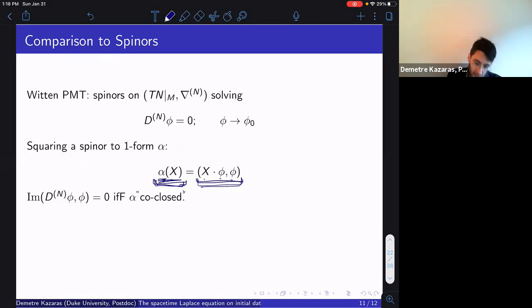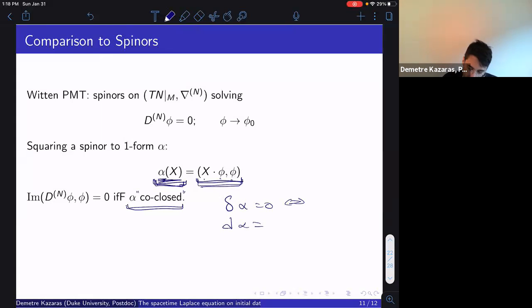And now you can compute what does it mean for alpha to be co-closed? So remember, co-closed is something like the adjoint of D alpha is 0. Closed would mean D alpha is 0.